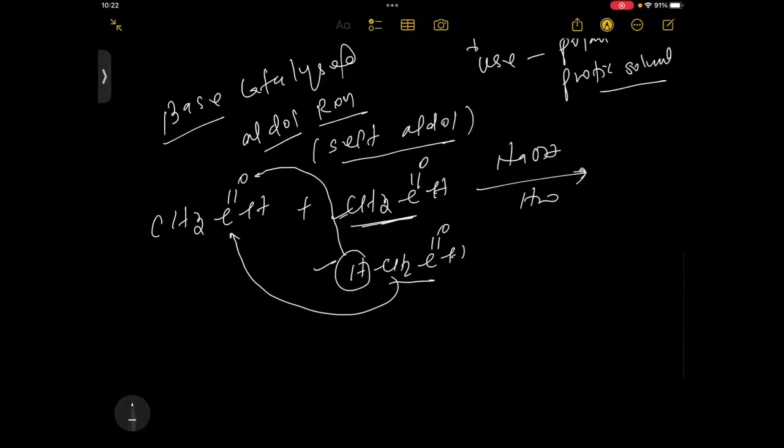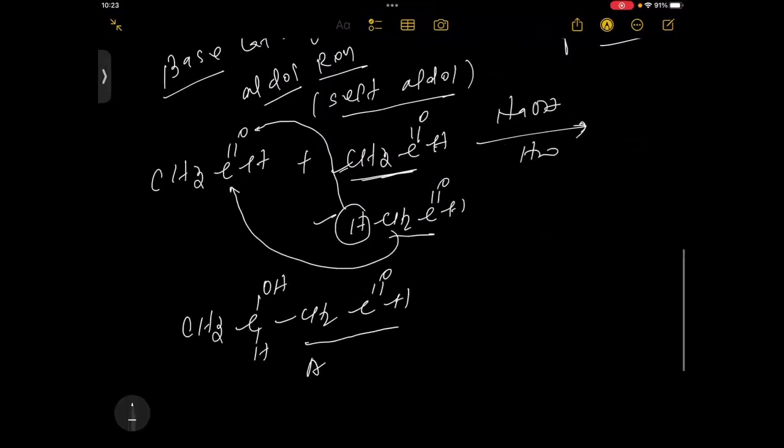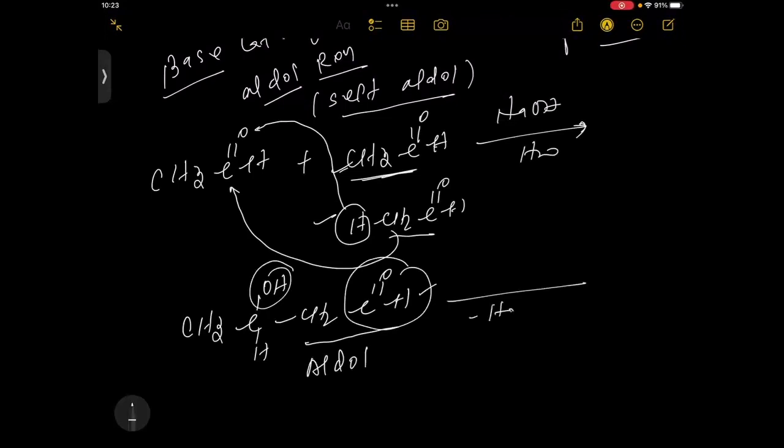So ultimately, we write CH3 C OH, here is the H, CH2 C double bond O H. Whenever the question asks about the aldol, that is the aldol, because you can see the alcohol and aldehyde groups both attached here. But whenever they ask about condensation, then of course dehydration will take place, water will be lost, and the dehydration will happen.